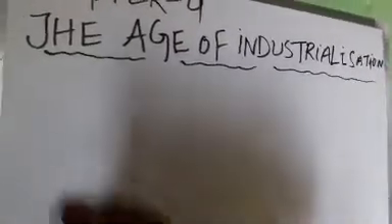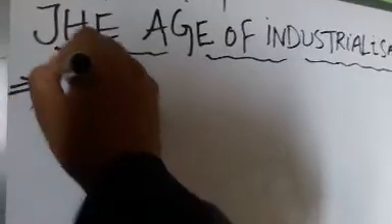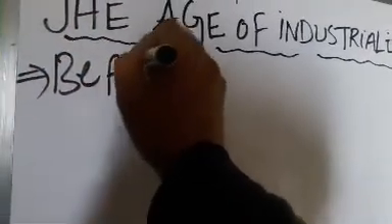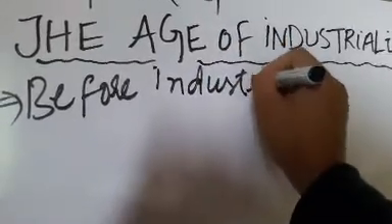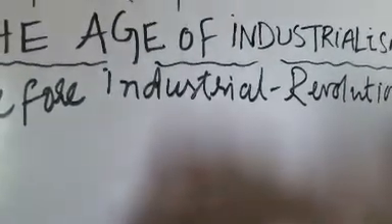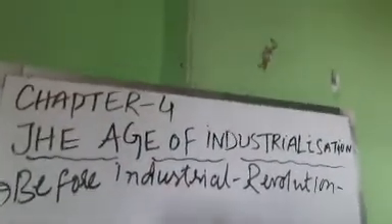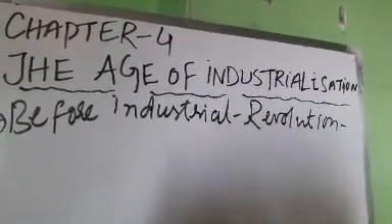And in this, the first important subtopic is before industrial revolution. This is the first subtopic of the fourth chapter, the age of industrialization.